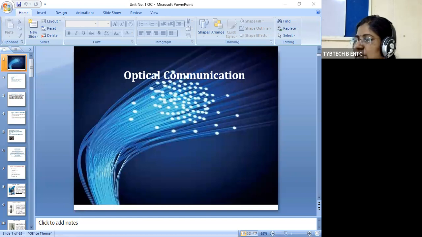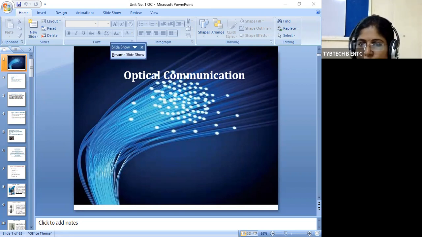So here you can consider safety with respect to two meanings. First, suppose electrical current is flowing in some hazardous area. Often what happens is, when rain comes, the current goes into the water. So in that case it is somewhat harmful. But if you consider optical fiber, that is totally free from electromagnetic interference.